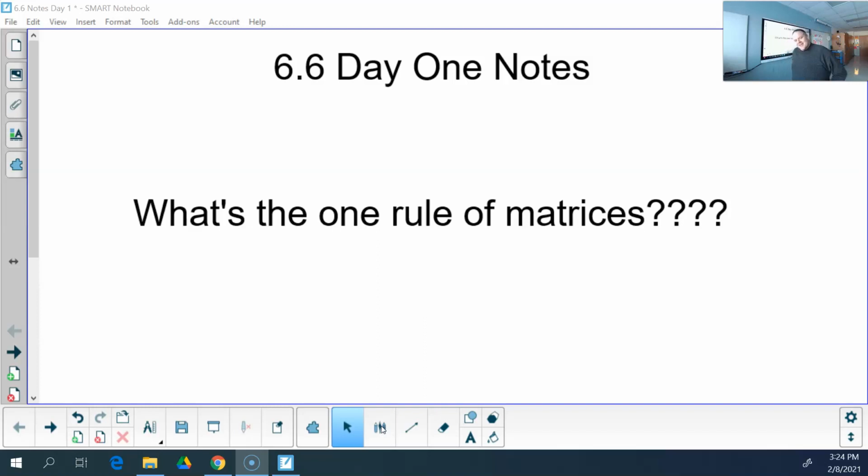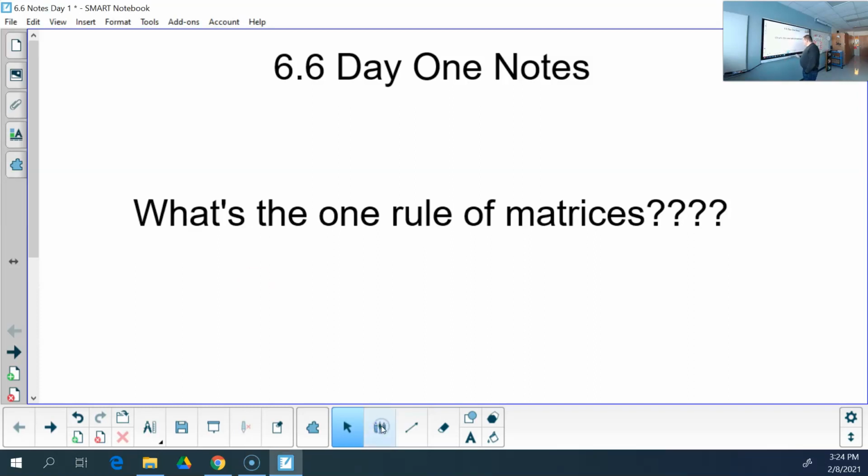Hey, how's it going? So today we are going to be talking about multiplying two matrices together. In order to do that, we have to remember back to yesterday when we talked about the number one rule of matrices.